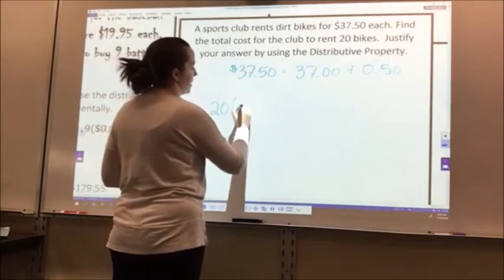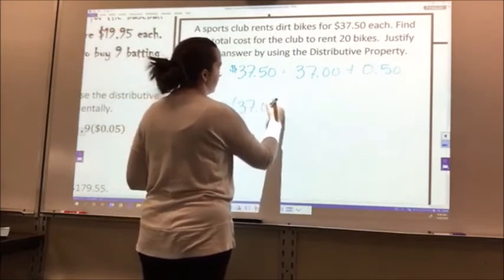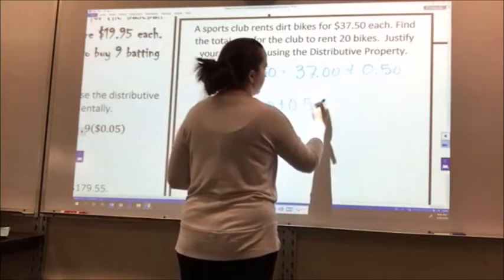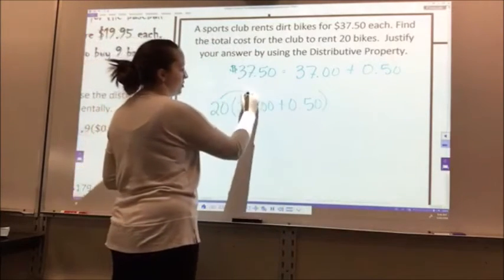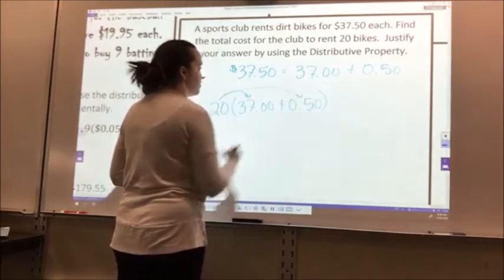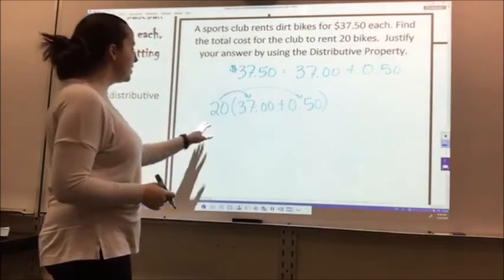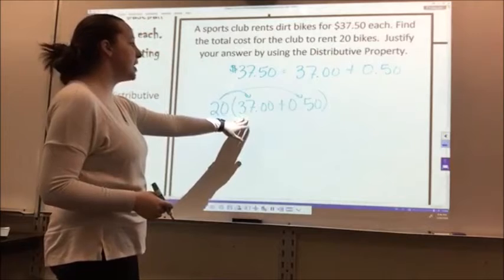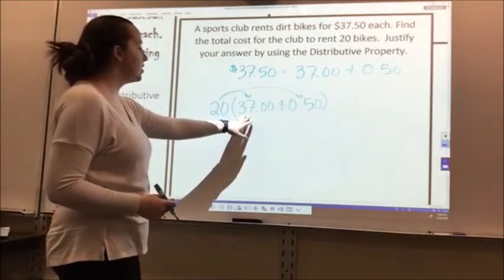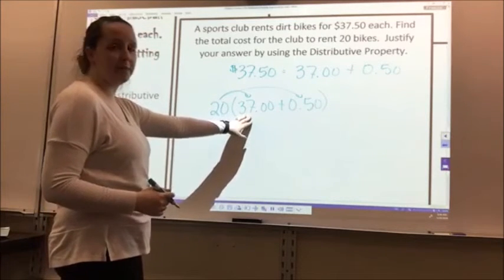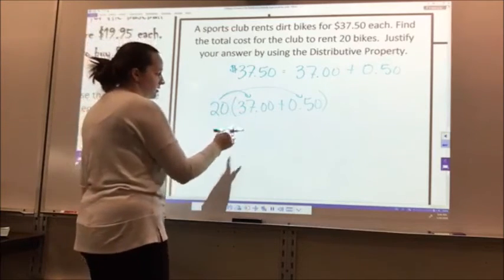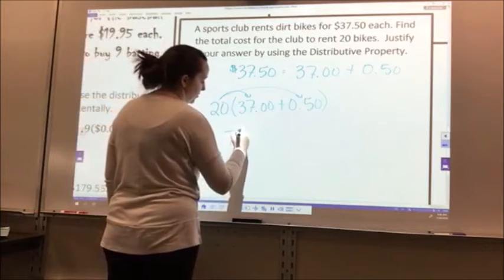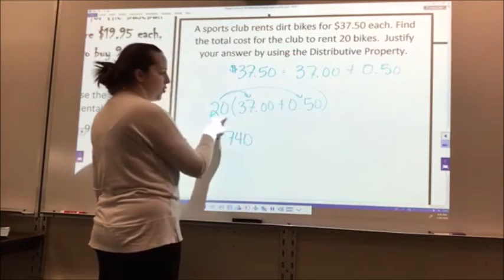So 20 times 37 plus 50 cents. Now I'm going to distribute 20 times 37 and 20 times 50 cents. 20 times 37, so I'm just doubling it and adding a 0. So 37 and 37, 7 and 7 gives you 14. I carry the 1. That's 74, so $740 because there's 20.